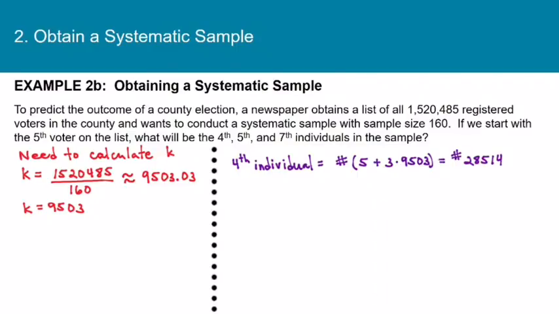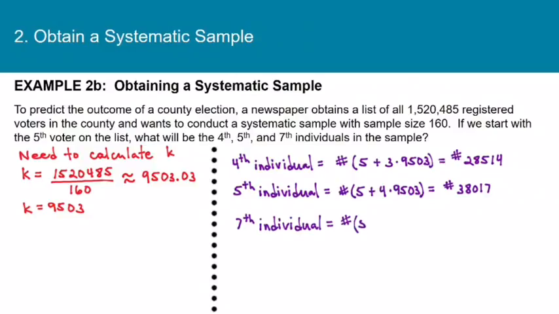And so that would be voter number 28,514. Okay, so the fifth individual would be 5 plus 4 times 9,503. And that's going to be voter number 38,017. And the seventh individual would be 5 plus 6 times 9,503. And that's going to be voter number 57,023.